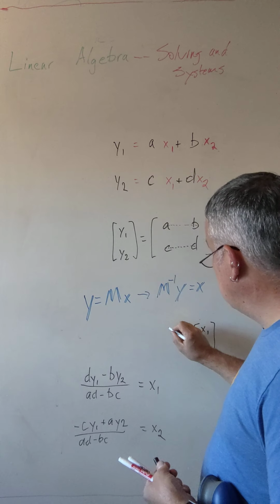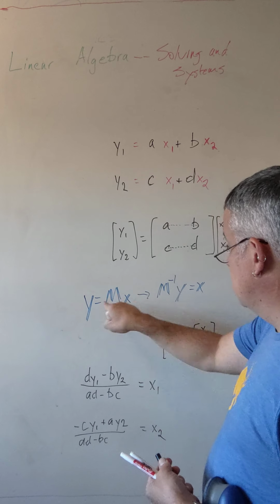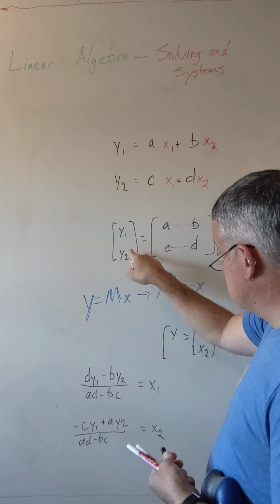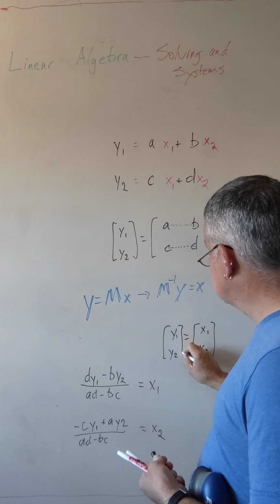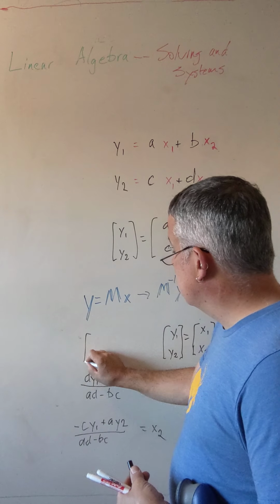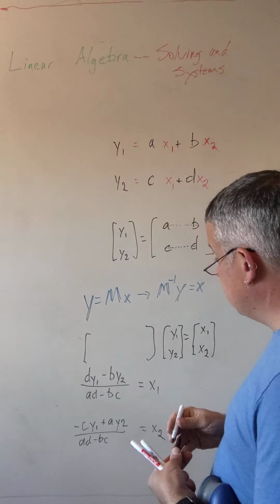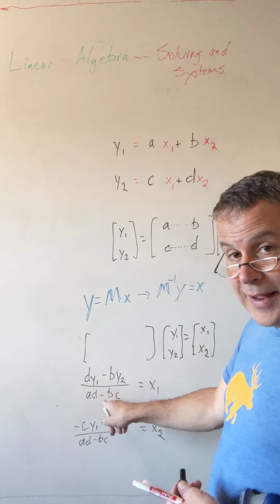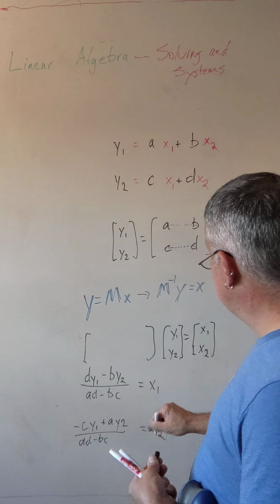And now y is actually unchanged from here to here. It's just the m that moved, not the y. So we can copy the y from there, y1, y2. It's just a column like that. And then there's a matrix here, which is the inverse of m. And what's the inverse of m? Well, we actually already found the inverse by solving these equations. So let's see what it has to be.